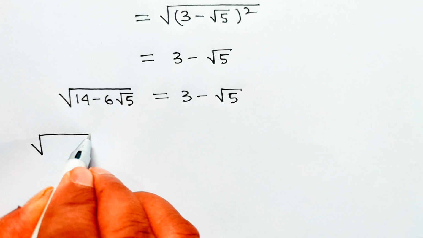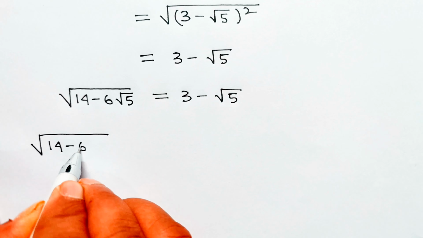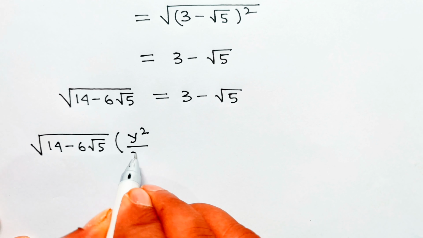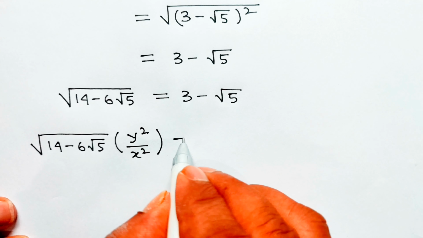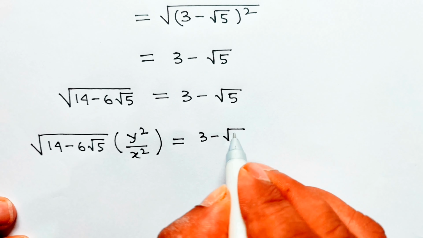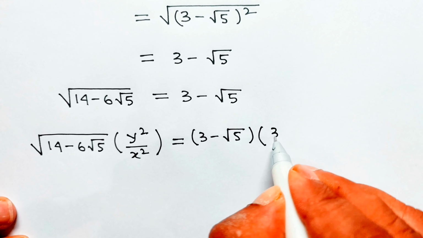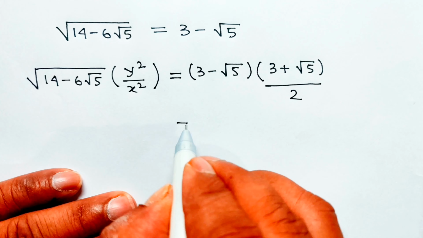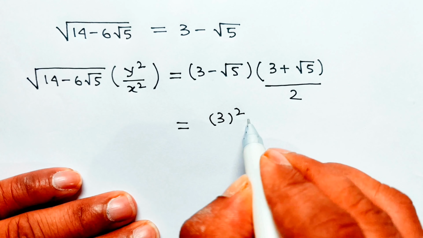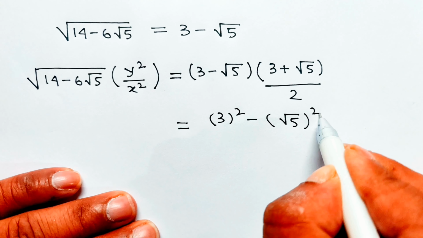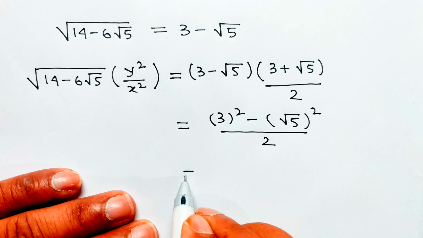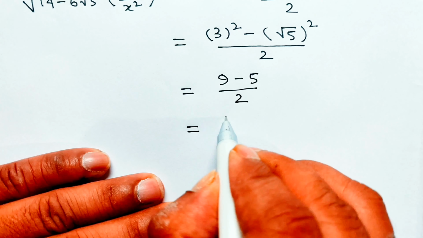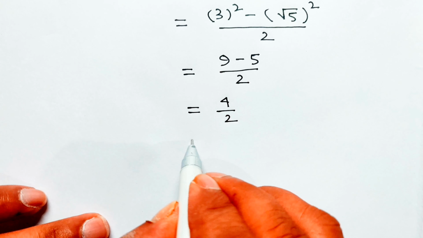Therefore, under root of (14 minus 6 root 5) into y square divided by x square equal (3 minus root 5) into (3 plus root 5) divided by 2, then equal (3 whole square minus root 5 whole square) divided by 2 equal (9 minus 5) divided by 2, then equal 4 divided by 2, then equal 2.